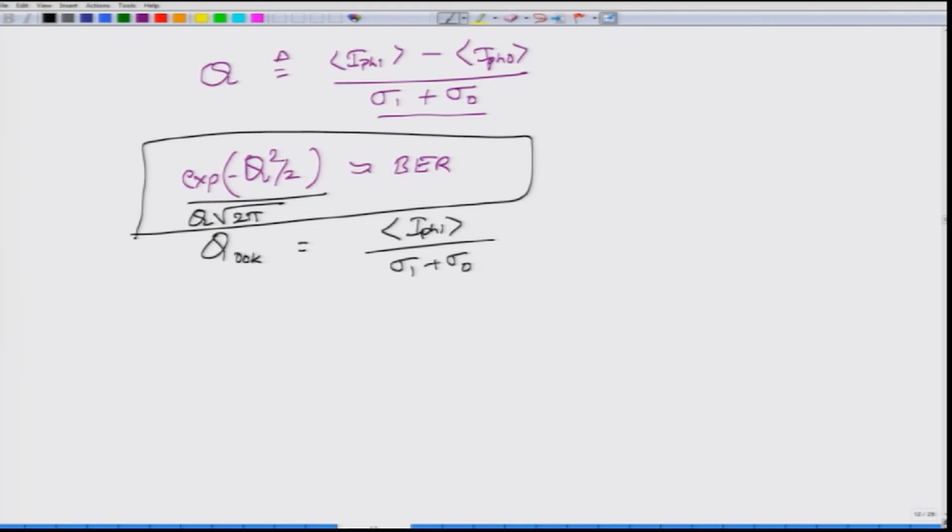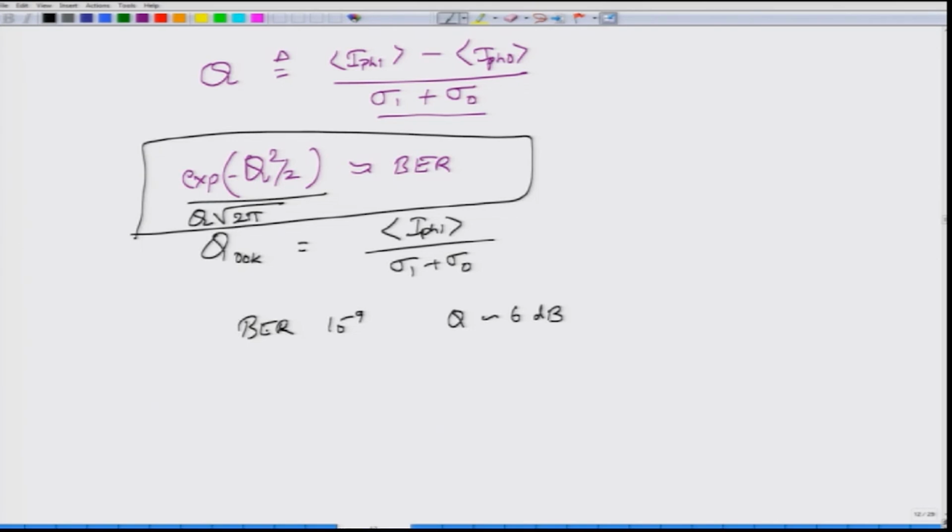If someone gives you the Q factor, you can convert that into the corresponding value of BER, and for a BER of 10 to the power minus 9, which was quite common in 10 Gbps optical communication systems, the corresponding Q value is about 6 dB. And if Q is greater than 6 dB, the BER is actually less than that. And if Q is small, the BER of course becomes large.